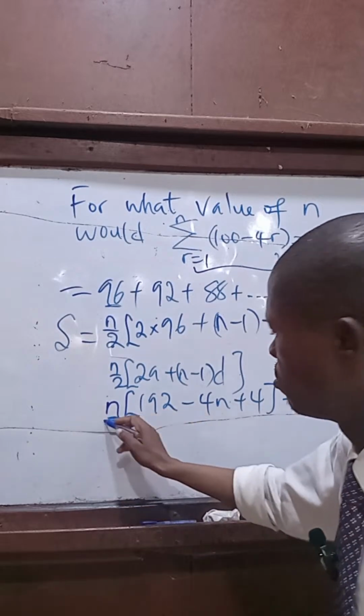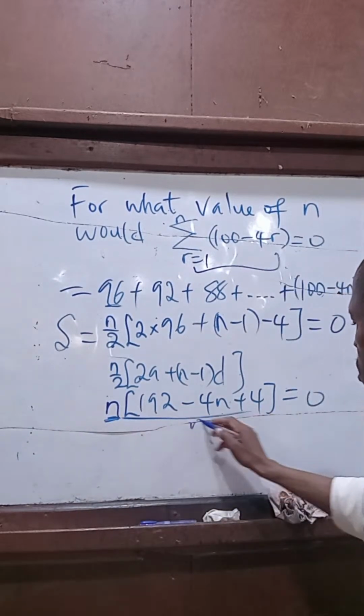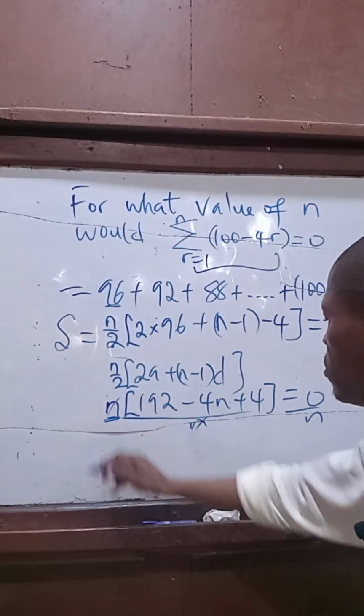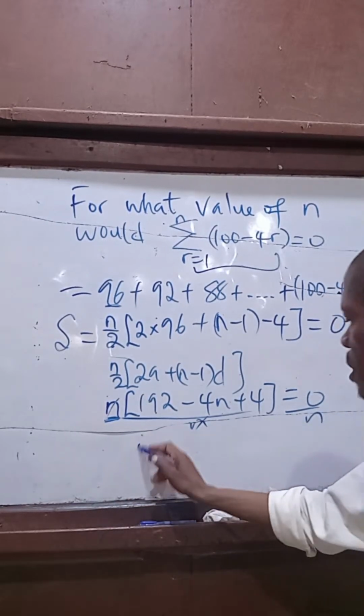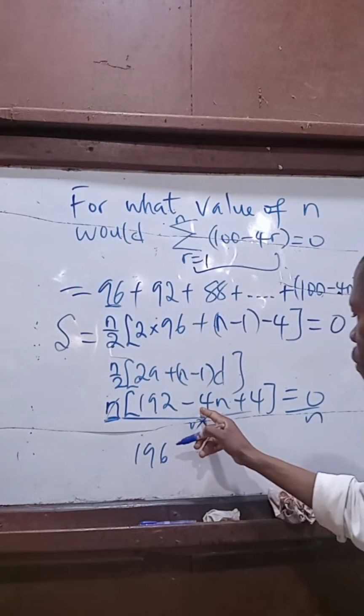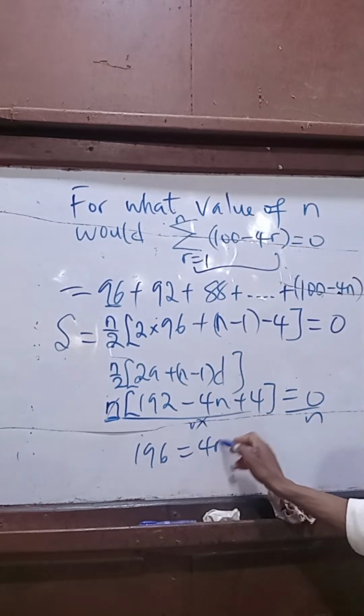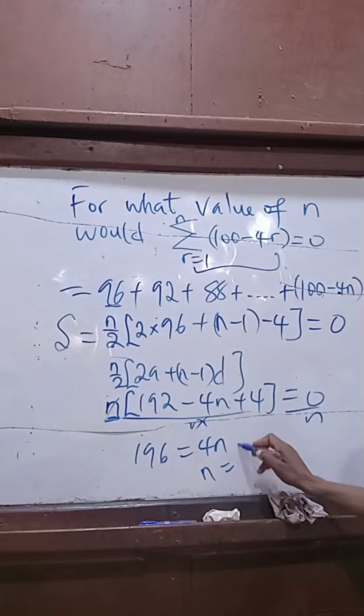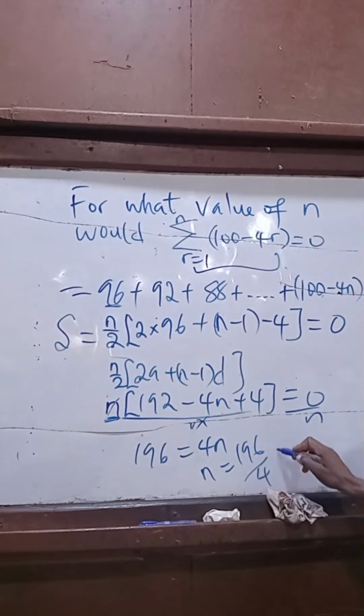Remove this one from here by dividing over n, so it cancels here. So we have 196. Move this 4n to the other side, equal to 4n. So n is equal to 196 over 4, and that's 49.